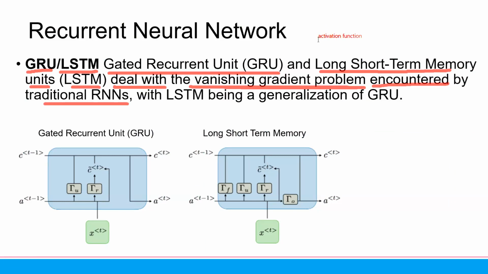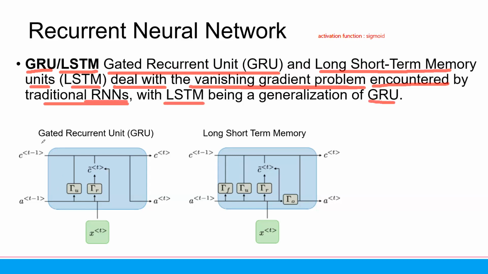One of the activation functions that you learned is the sigmoid. In RNN there is also a vanishing gradient problem, so the traditional RNN can be improved by the LSTM, and also by the GRU.